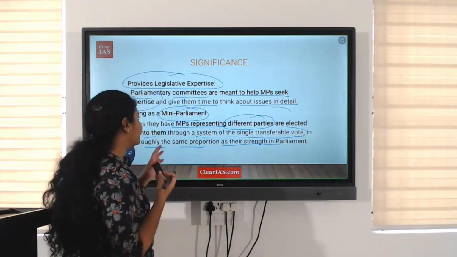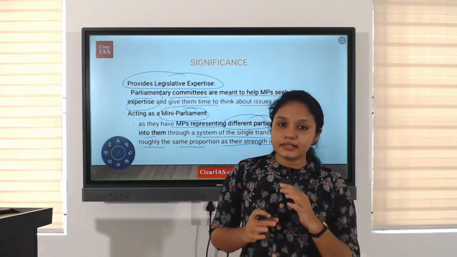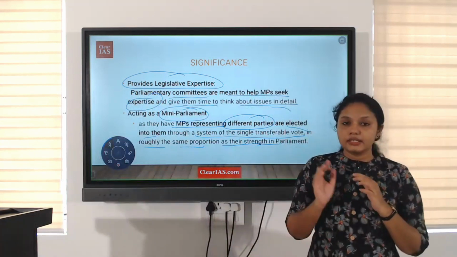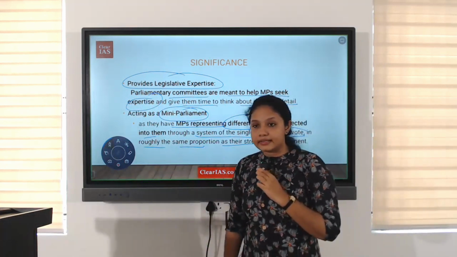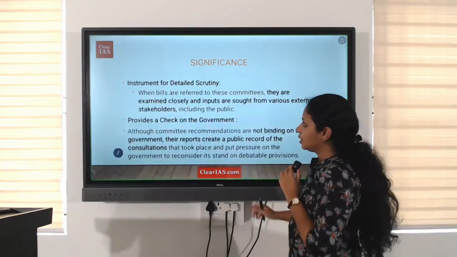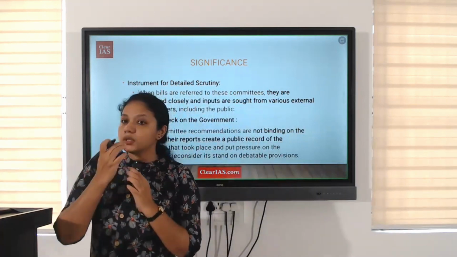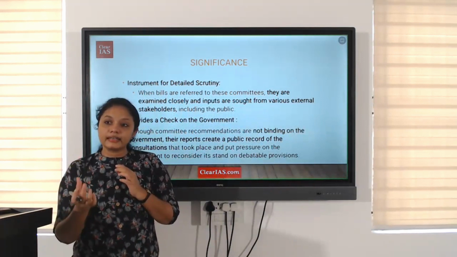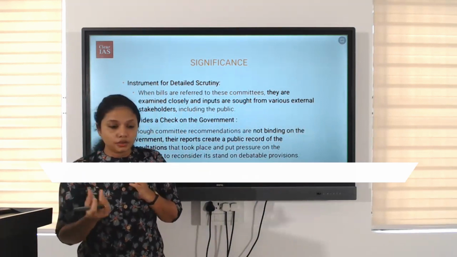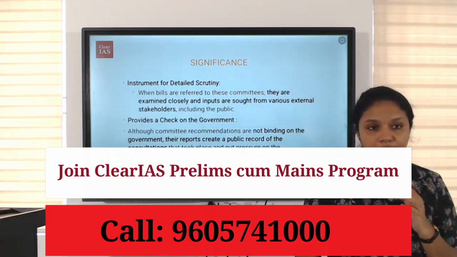Okay. So one significance is expert advice in legislative procedures. Then the next one, it acts as a mini parliament. As I said before, the parliamentary committees are usually constituted for scrutinizing and analyzing a bill, right? So it will act as an instrument for detailed scrutiny.